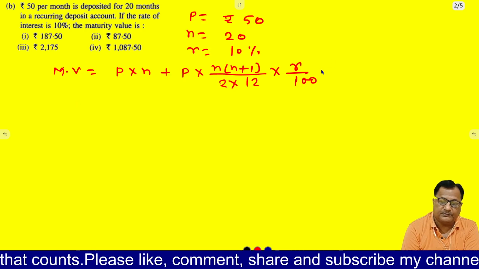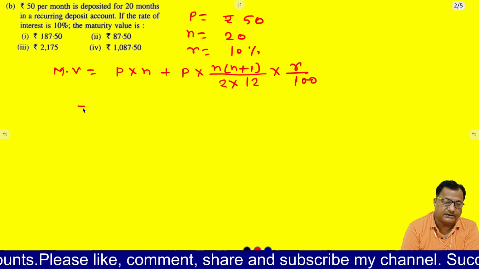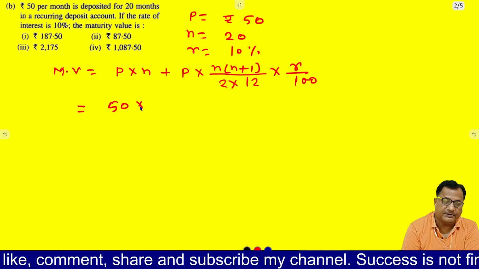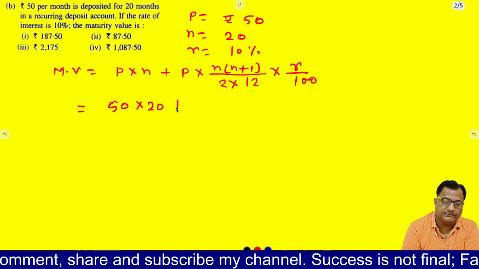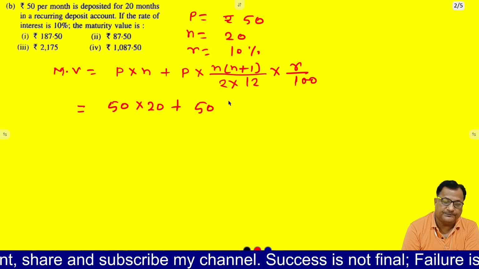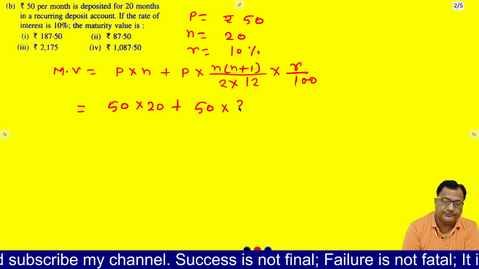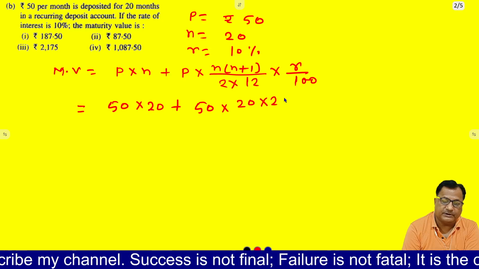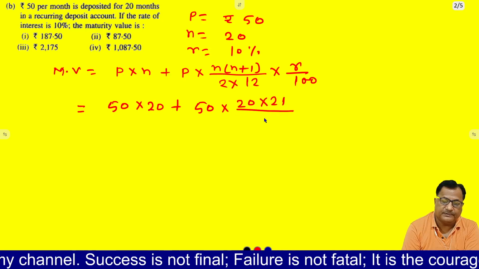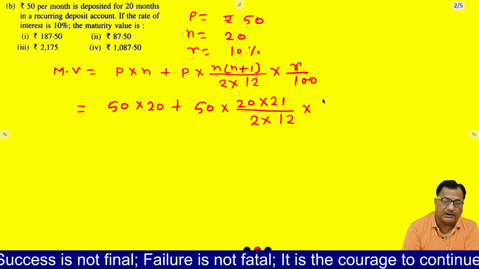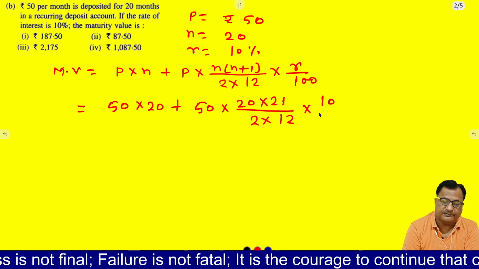We will put the values P is equal to 50, N is equal to 20: 50 into 20 into 21 divided by 2 into 12 into R. R is equal to 10%.